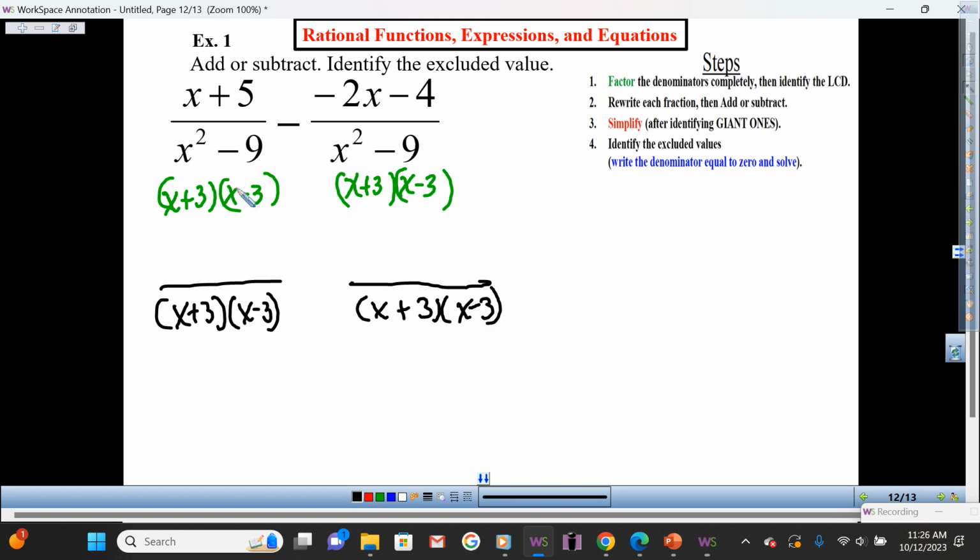So the first numerator, is there anything multiplying this? No, so I just rewrite it, x plus 5. However, tell your neighbor what to write for the second numerator. Second numerator, what do we write? Jaden, go.